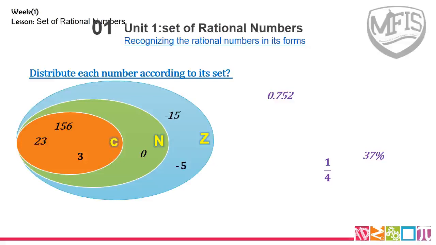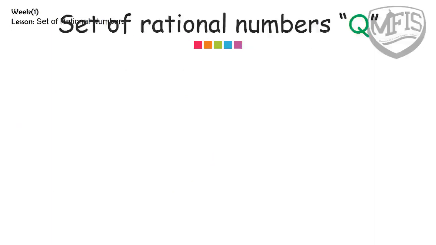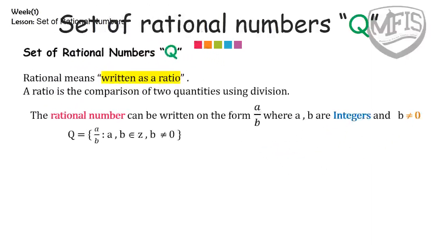Now let me help you recognize a new set denoted by the symbol Q, which is the set of rational numbers. In fact, rational comes from ratio. So any number we can write as a ratio belongs to this set.